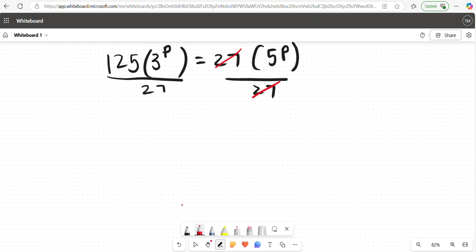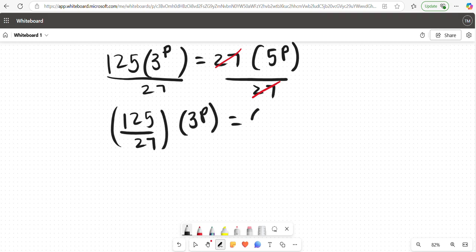And then on the right hand side, I'll end up having 125 over 27. I'll just put this in one big bracket, and I still have this bracket of 3 to the power of p, and all of this is equal to 5 to the power of p. So that's what I did in the first step.